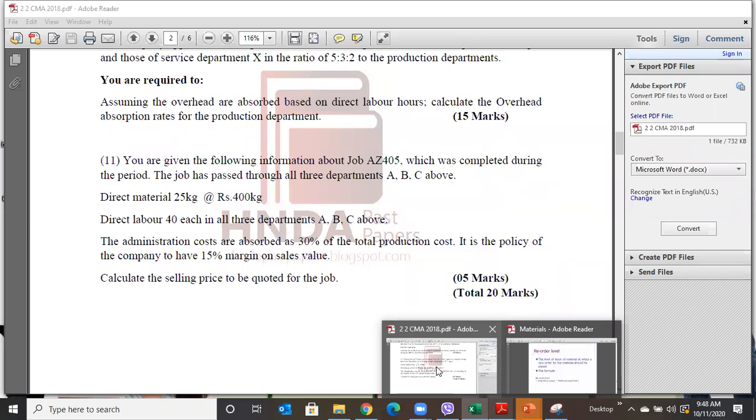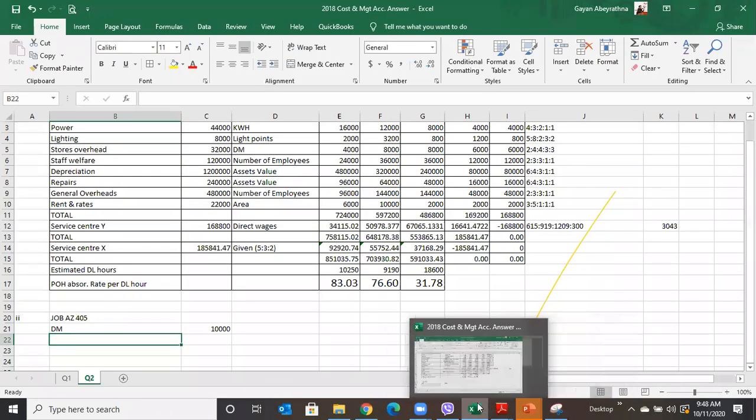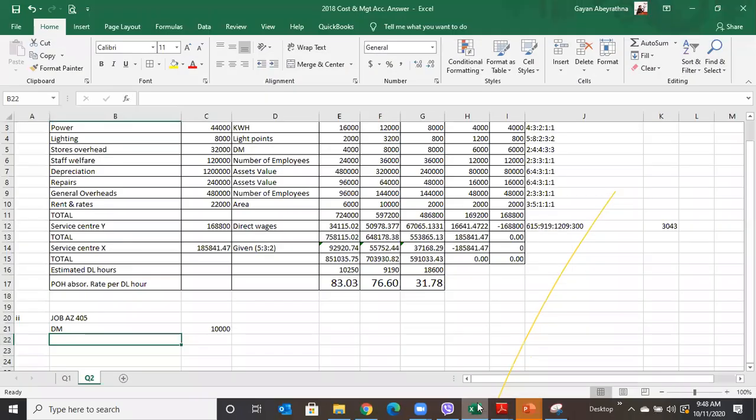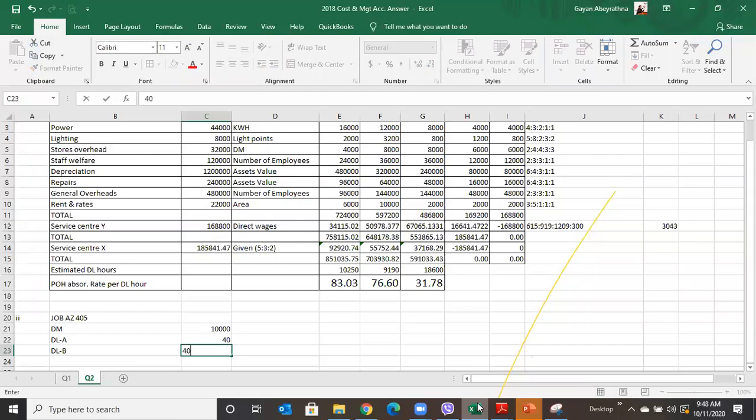Assume this is 40 rupees from 3 departments. Then direct labor from A 40, direct labor from B 40, and C 40. If a rate per hour had been given, we would multiply it out.